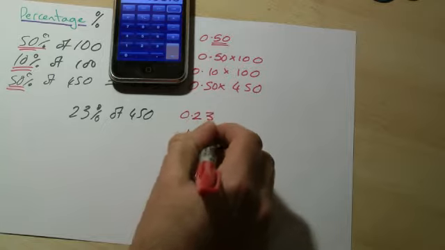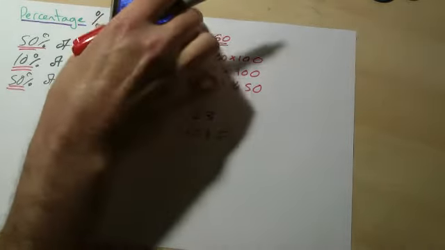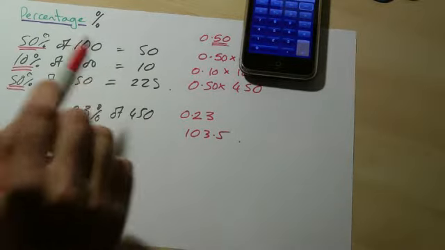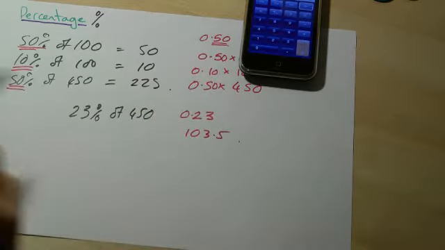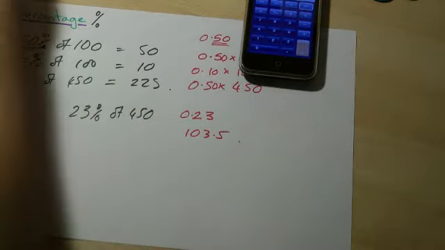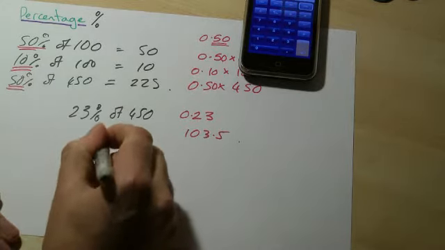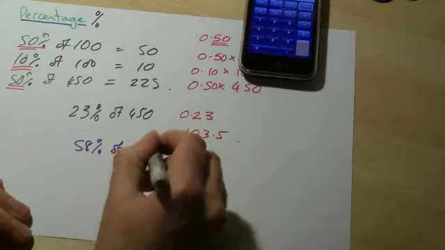Now, one of the biggest advantages you'll have if you can do this is before you calculate any of these percentages, just to think in your head roughly what kind of value we're going to get. So again, I'll make something up here. Let's have 58% of 709.